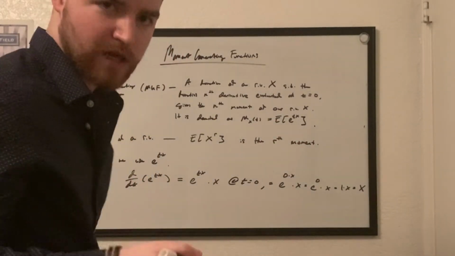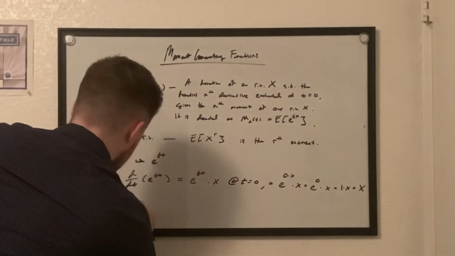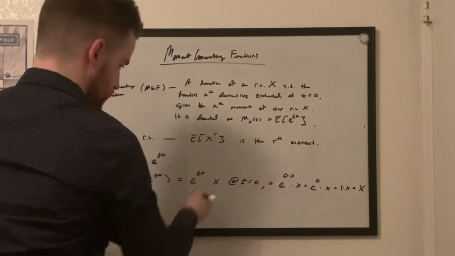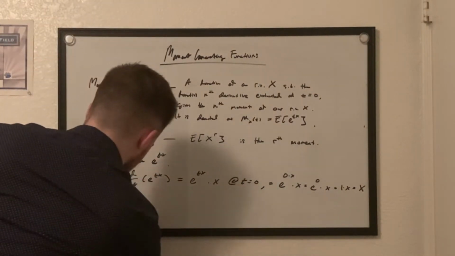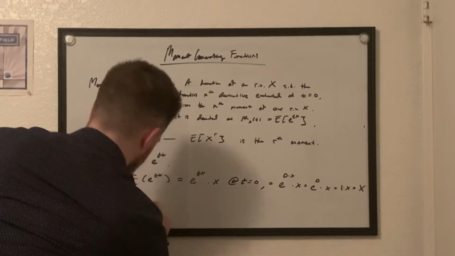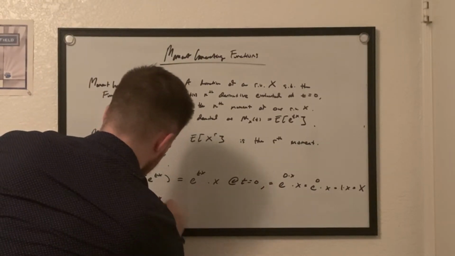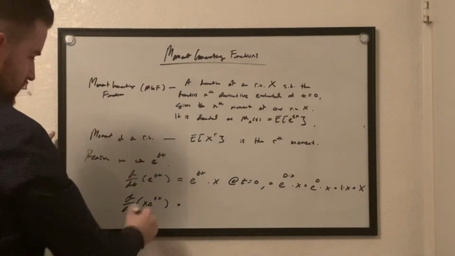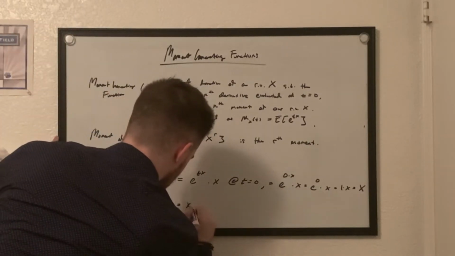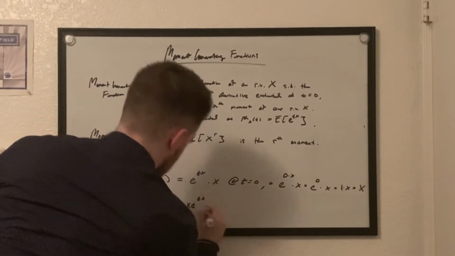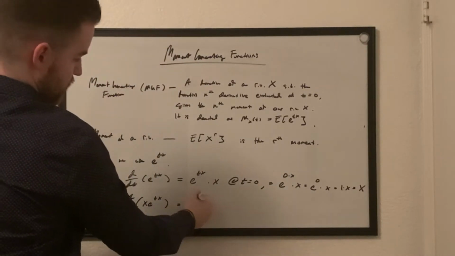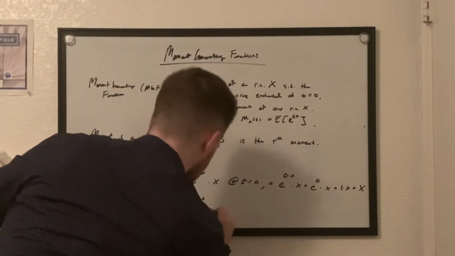Now, let's take the second derivative. The second derivative of e to the tx is the derivative of the first derivative. So we do d/dt of x e to the tx. We have this function x e to the tx times the derivative of the exponent with respect to t, which is x.